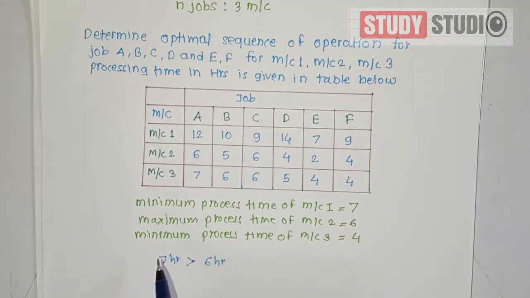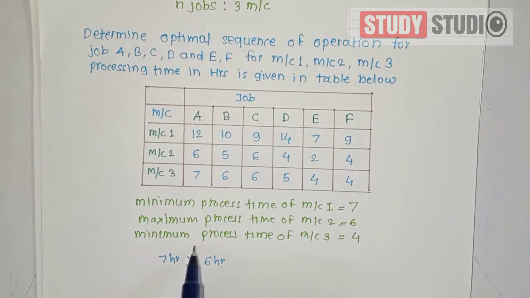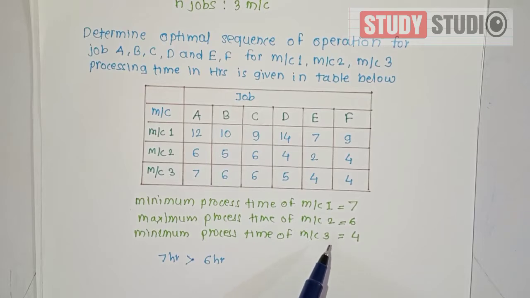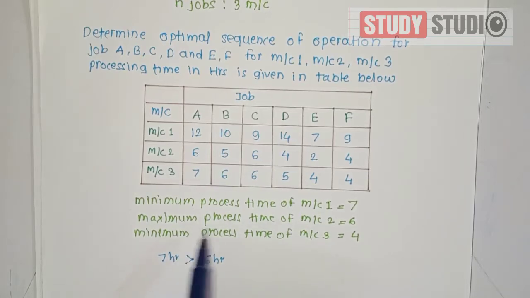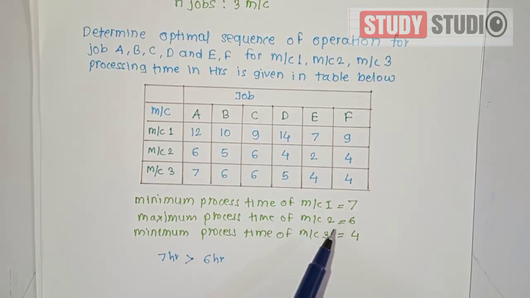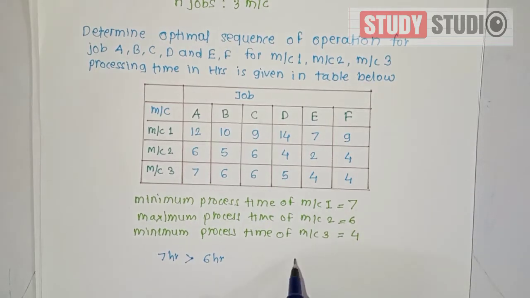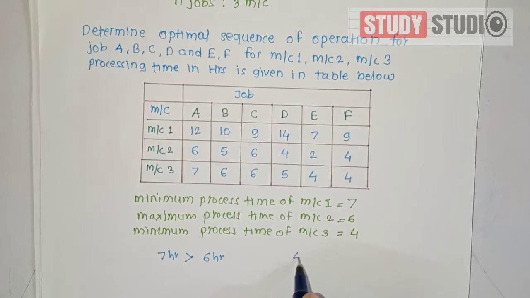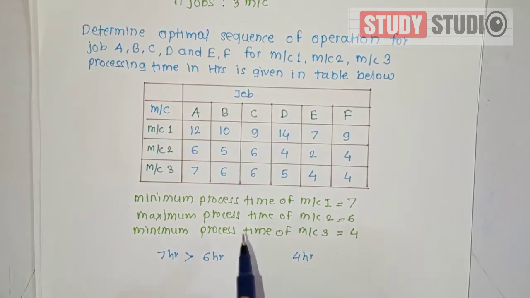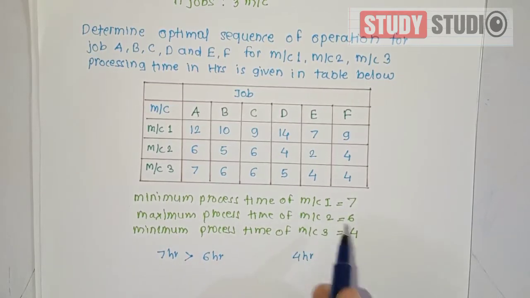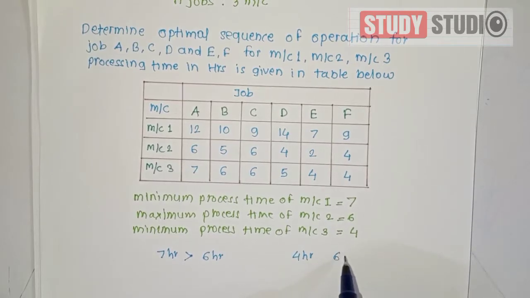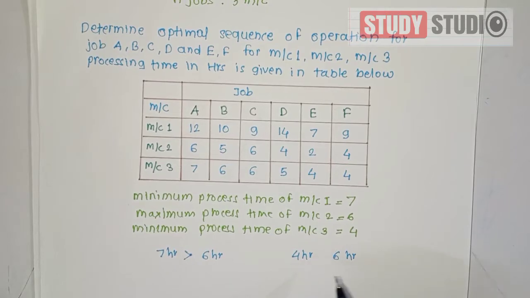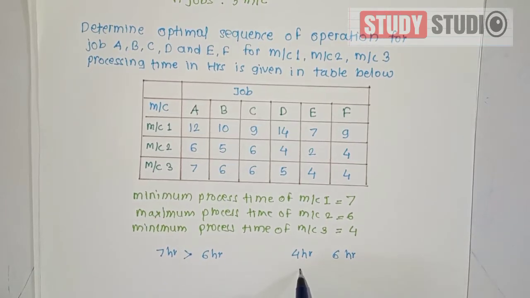Then our second condition states that the minimum process time of machine 3 should be greater than or equal to the maximum process time of machine 2. So for our case, the minimum process time for machine 3 is 4 hours and the maximum process time for machine 2 is 6 hours. But our second condition does not match.